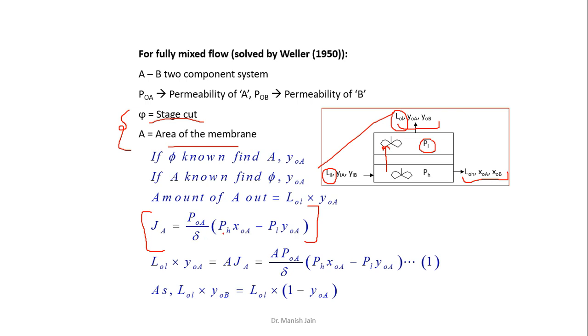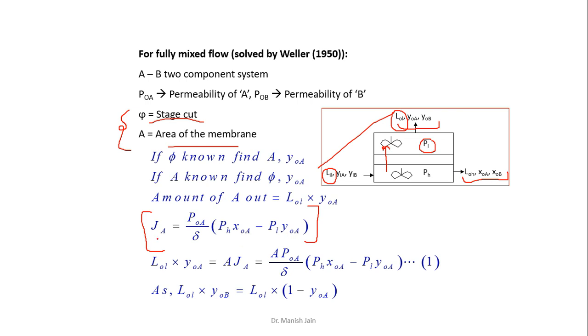PH is the pressure on the feed side. XOA is the concentration of A, in mass fraction or mole fraction, in the feed channel. PL is the pressure in the permeate channel. YOA is the concentration of component A in the permeate channel, in mass fraction or mole fraction.